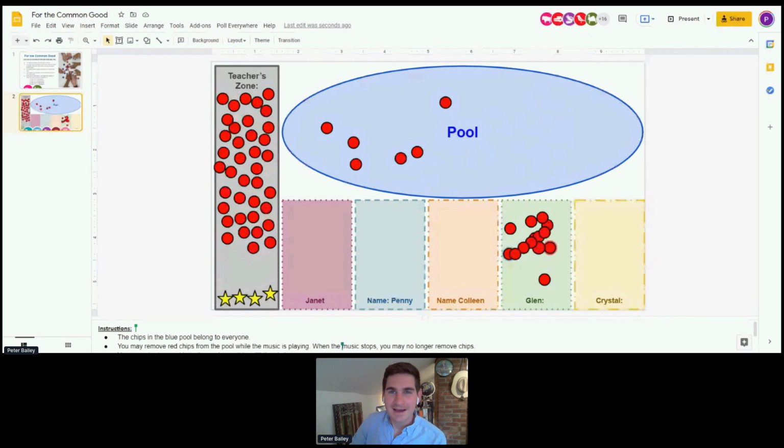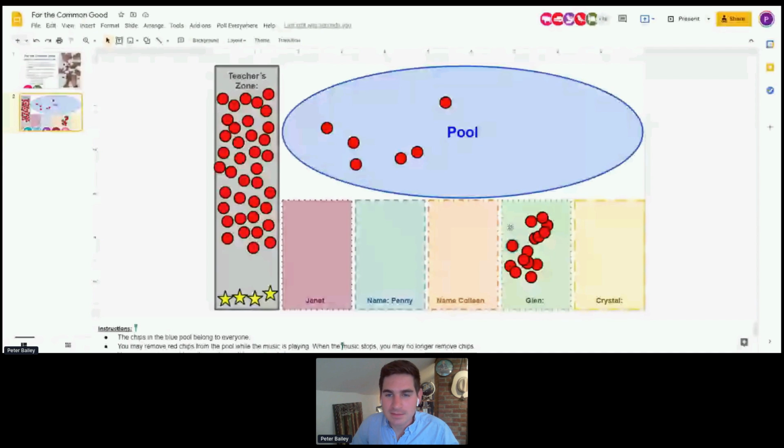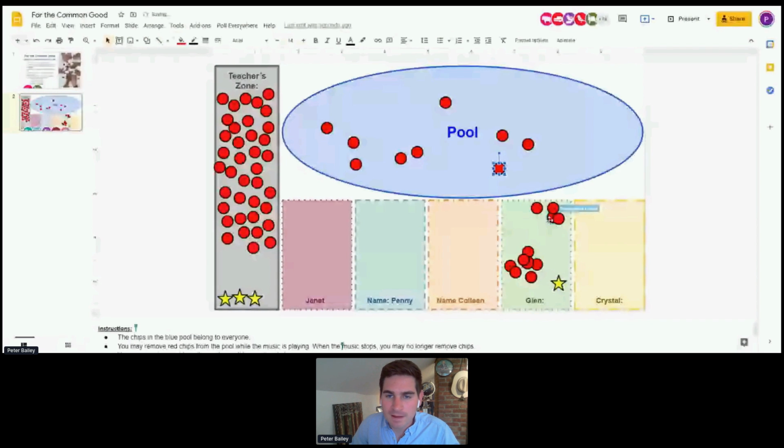All right. So I think we may have overdone it with the chips going to Glenn, which can happen in a virtual setting. But I'm going to take these chips from Glenn and exchange them for a star. Let's see. 1 star, and I'm going to take 10 chips. 1, 2, 3, 4, 5, 6, 7.